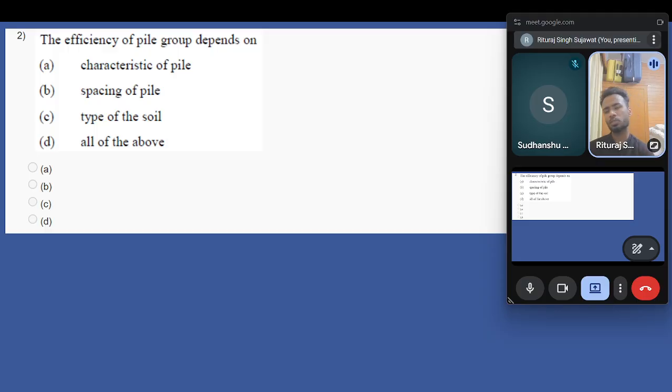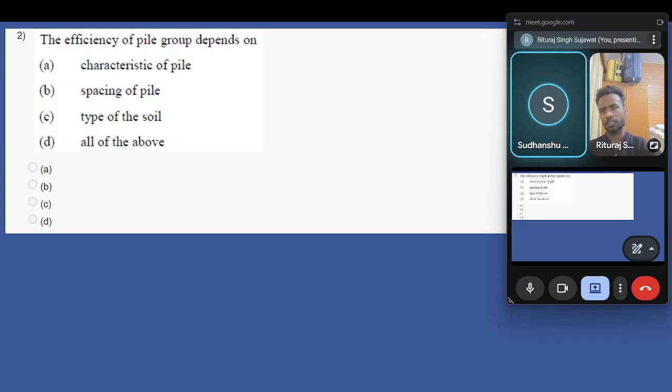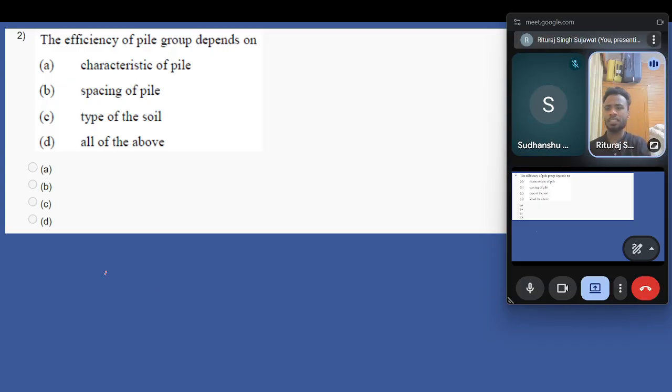The efficiency of pile group depends on which parameter? All of the above. Basically the efficiency of the pile group depends on how much load the group is able to transfer as compared to when each pile is taken individually and their entire capacity is superimposed.